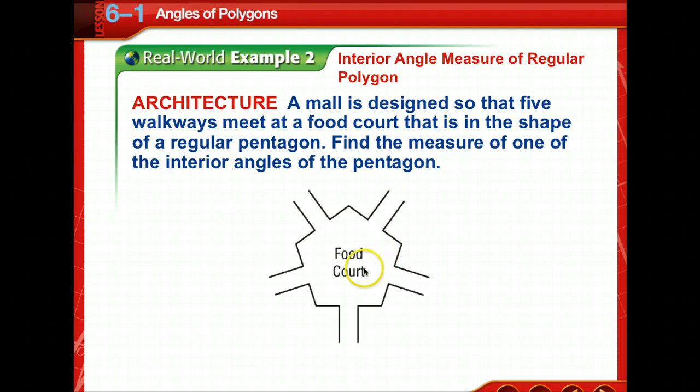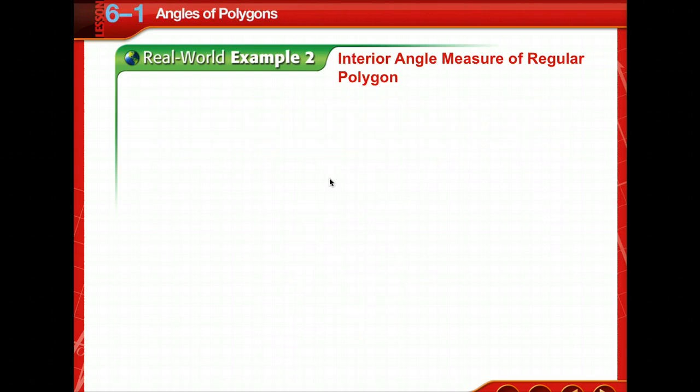So here's a real-world example. A mall is designed so that 5 walkways meet at a food court that is in the shape of a regular pentagon. How many sides does a pentagon have, folks? 5. 1, 2, 3, 4, 5. Find the measure of one of the interior angles of the pentagon.